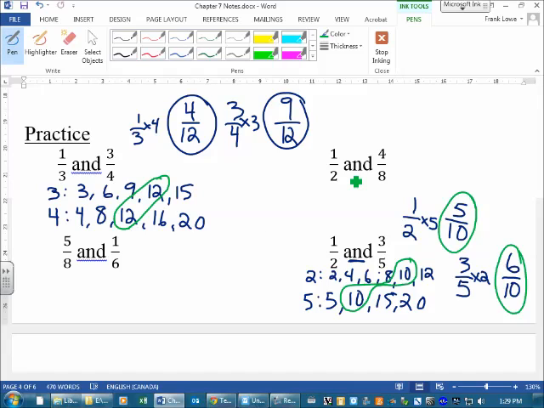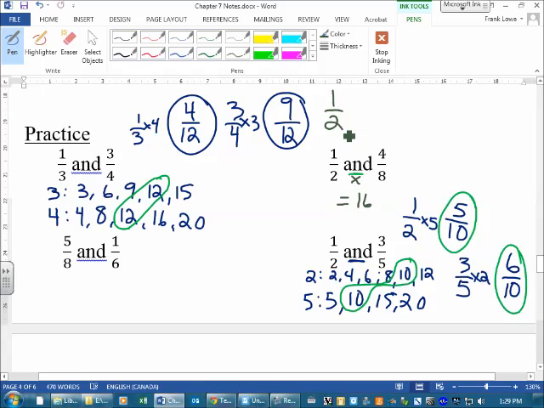So to find a common denominator, let's look at 1/2 and 4/8. I'll use this darker green. So we're just gonna multiply our denominators, right? So 2 times 8 gives us 16. So now our new fraction denominator is gonna be 16.